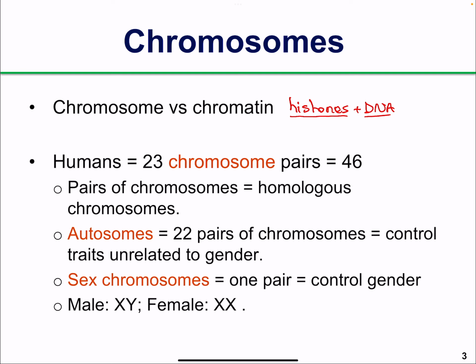Now, in a human cell, most of the cells in your body are going to contain 23 pairs of chromosomes. These 23 pairs of chromosomes are organized in what we call homologous chromosomes. In other words, you were born out of a sperm that came from dad and an egg that came from mom. The egg contained 23 chromosomes.